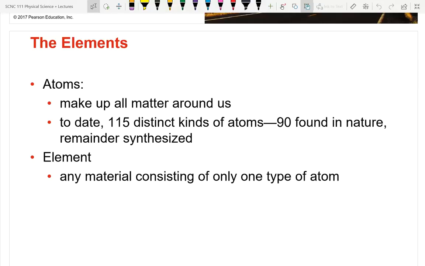It's just 113 using a number code. UUP was pentium, right? 115. And septium and octium. So whatever. They were placeholder names.